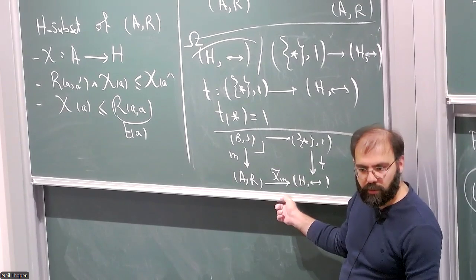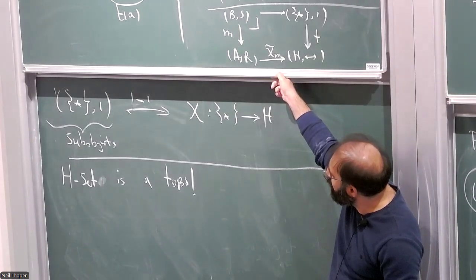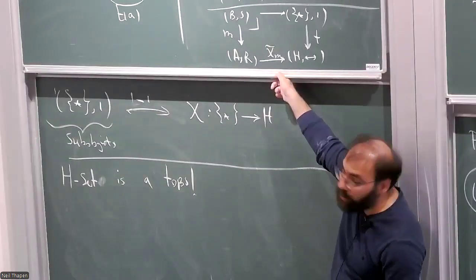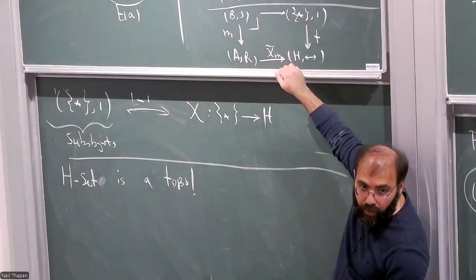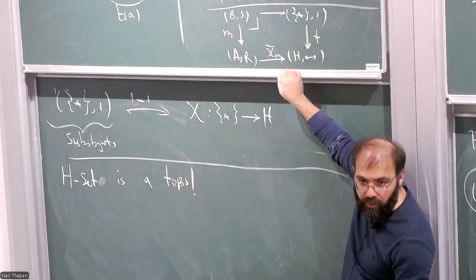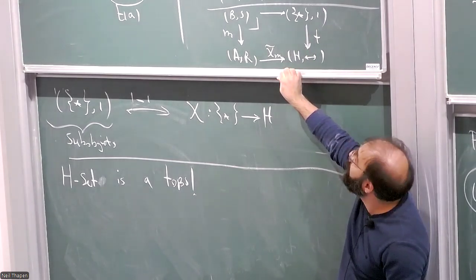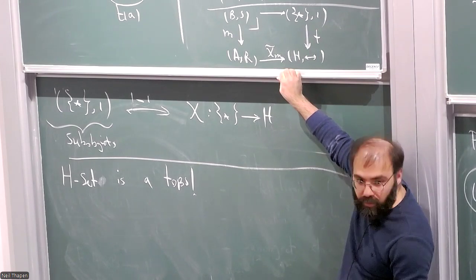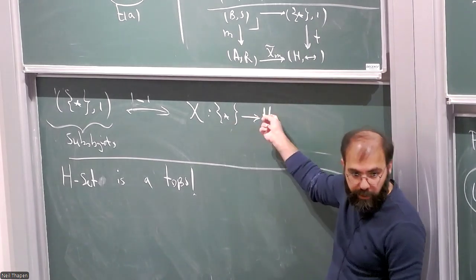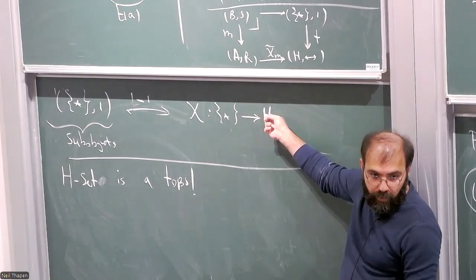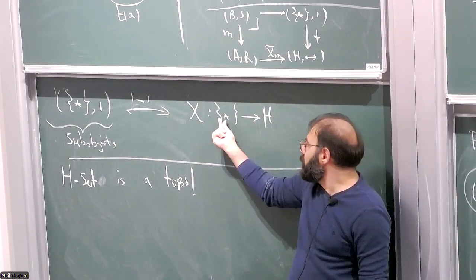And therefore, you say that subobjects of 1, I'm coming back to that equivalence that we have at the top, is simply a map from the single star to H. So what is a map from star to H?